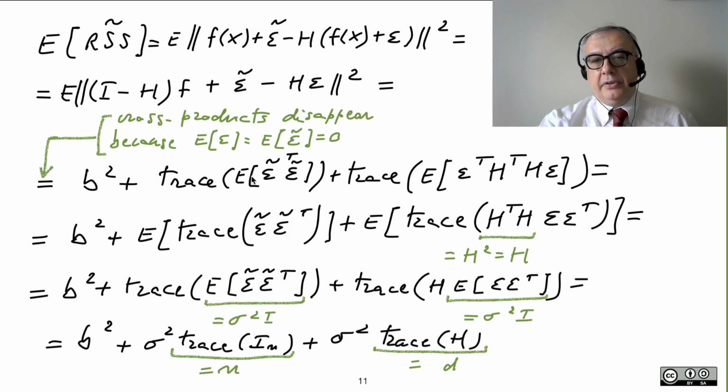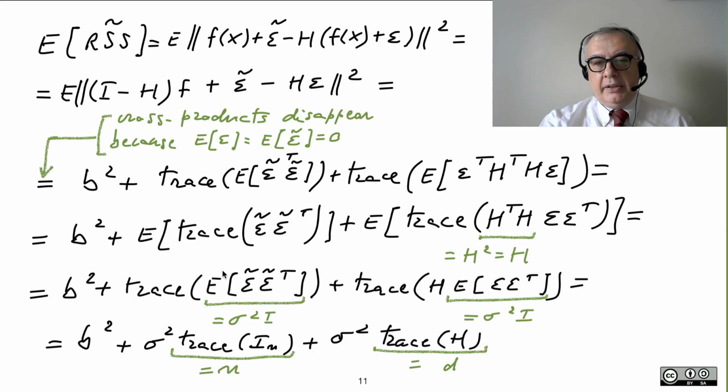This is a scalar, so the trace of a scalar is equal to the scalar itself. And once I've written it this way, I can commute the trace operator with the expectation operator, and when I have the trace of a product, I can change the order of the factors. That's what I've been doing here. So it was epsilon tilde transpose epsilon, and now it is epsilon transpose. And also here I'm changing the order because I'm bringing this epsilon transpose in the last place.